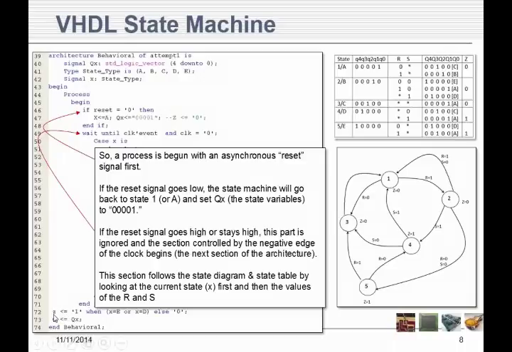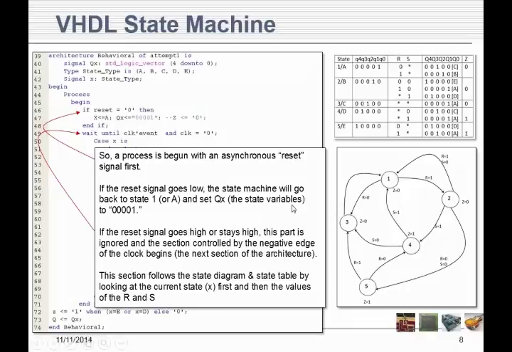Then the next line will be that Z is assigned to 1 when my state is either, sorry, E or D, else it's assigned to 0. So if I'm in state A, I won't be in E or D, so it'll be assigned to 0. And then QX will be assigned to Q, and my output will actually be 0, 0, 0, 0, 1.